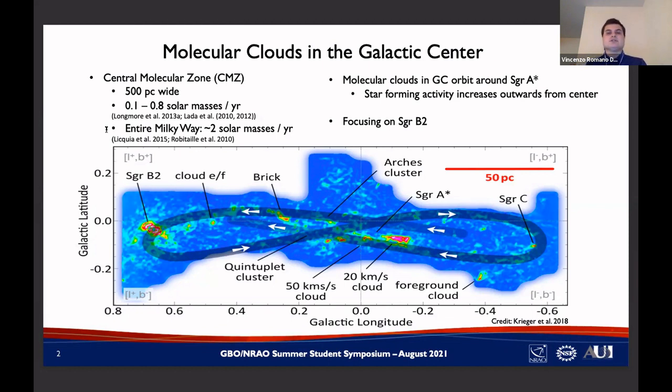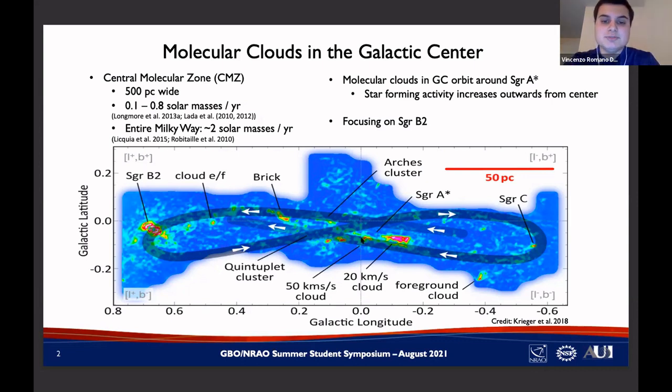When we place this in the scale of the entire Milky Way galaxy, which is roughly 30 kiloparsecs, it only has a rate around 2 solar masses per year. So the CMZ corresponds to a pretty significant portion of the entire star forming activity in the galaxy.